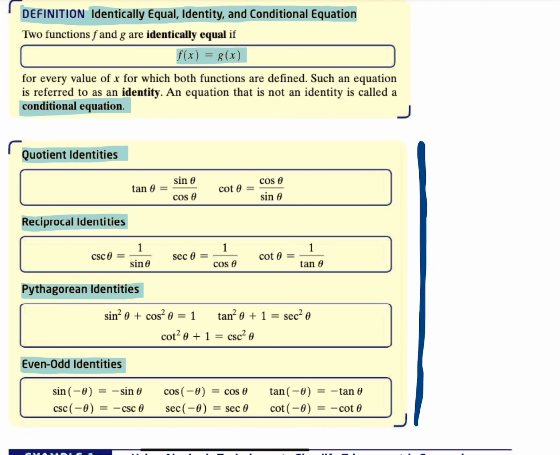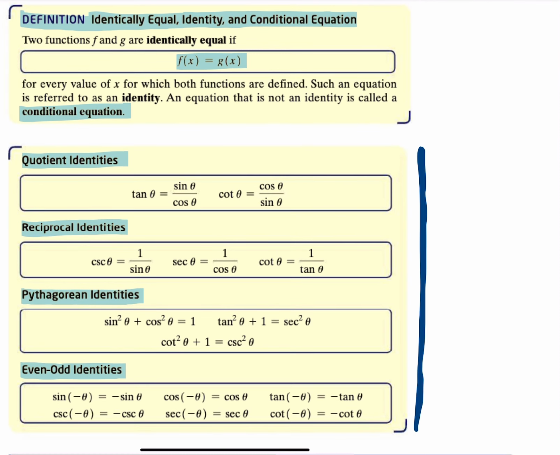These are like a group of identities. These are like legitimate moves that we can make in this game of simplification. We can use these to turn one thing into something else. So we have a set of rules we can use, or identities, and we have to turn some complicated trig statement into something more simple. You can view it that way, and maybe it can be a little bit more fun.